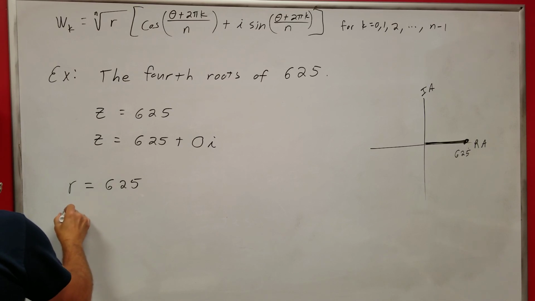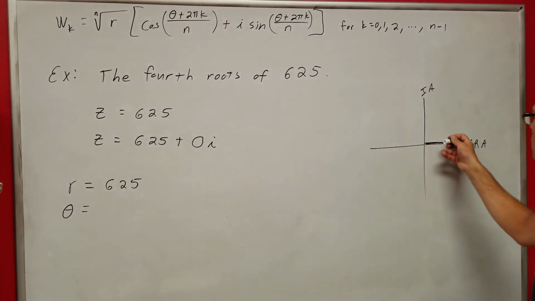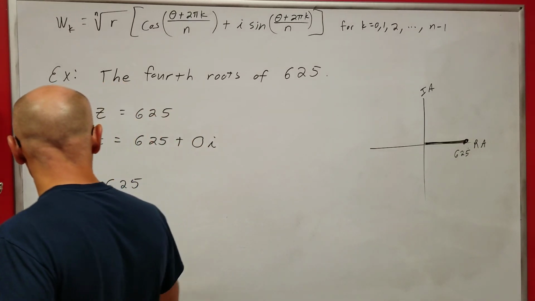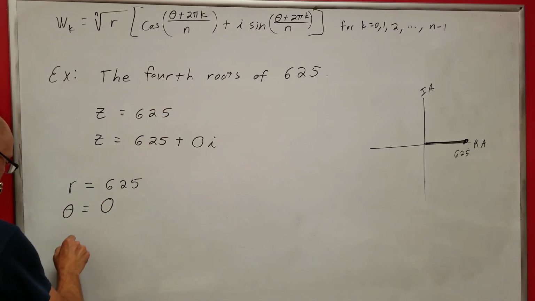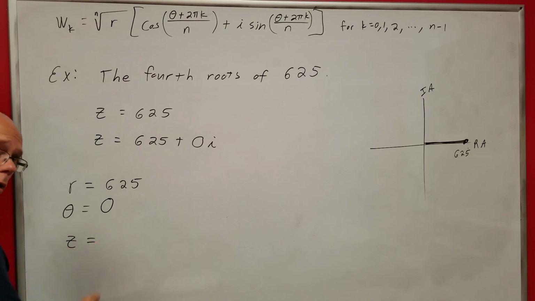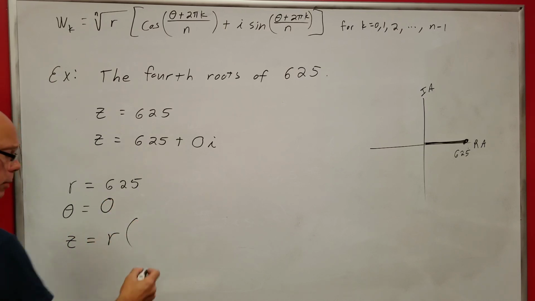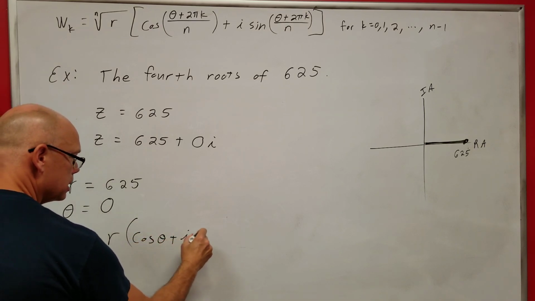What would theta be? Well, theta could be a number of things. It could be 0, 2 pi, 4 pi, 6 pi. The easiest to use is 0 radians. So what does 625 look like in polar form? In polar form, a number will be r times the cosine of theta plus i times the sine of theta.